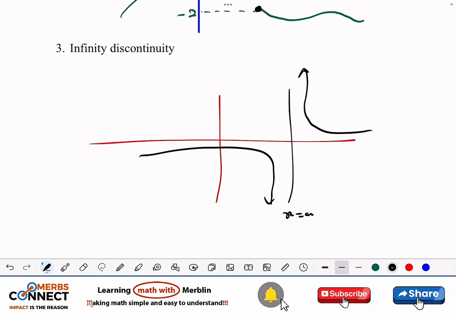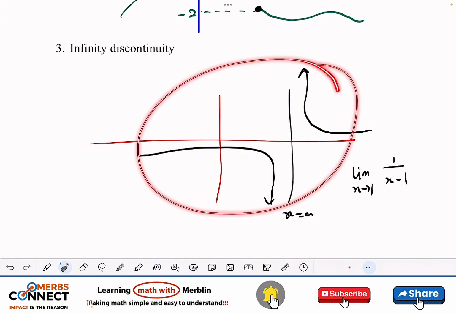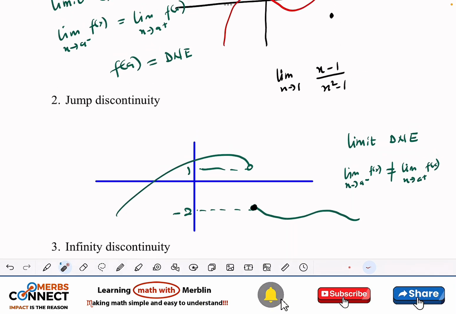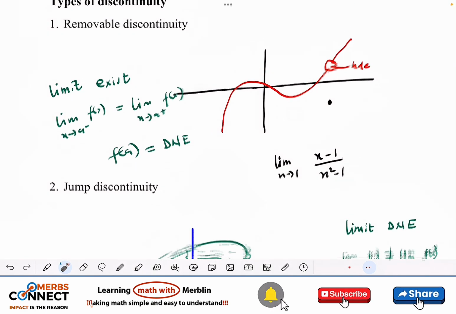Whenever you simplify the limit, let's assume you have the limit of 1 divided by x minus 1. We cannot simplify this one, so we need to check for infinite discontinuity, and we see that the limit does not exist. Maybe this one is going up and this one is going down. So these are the three types that we need to learn.